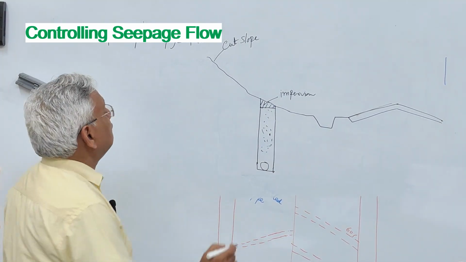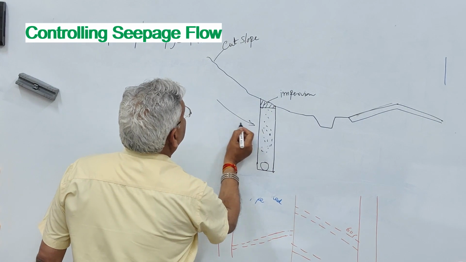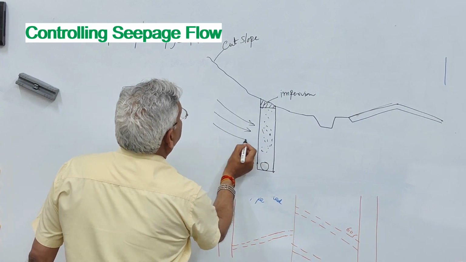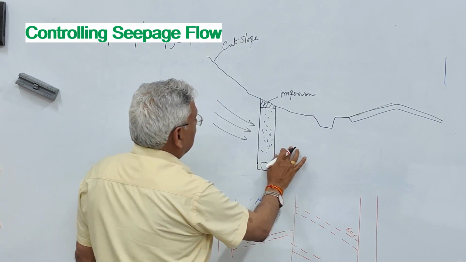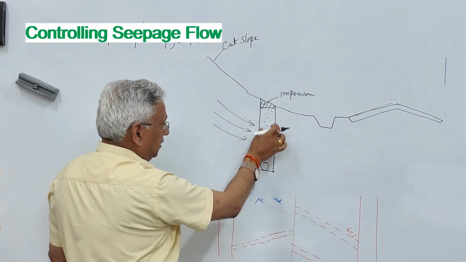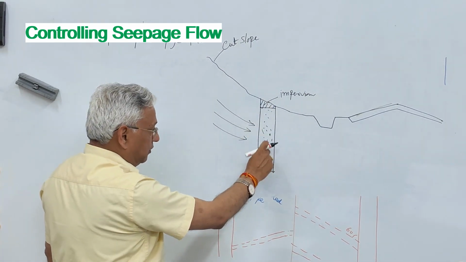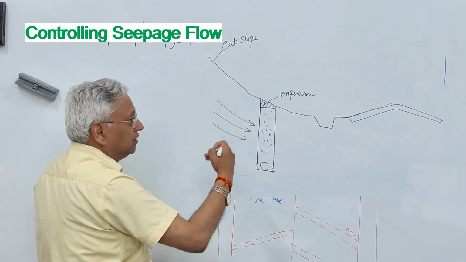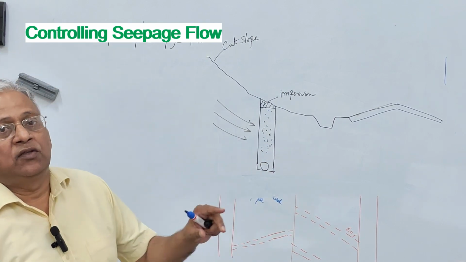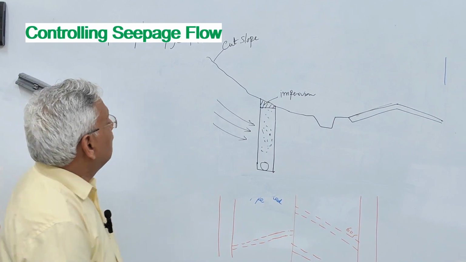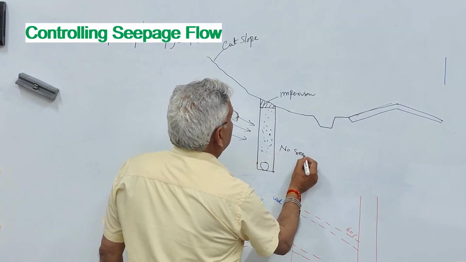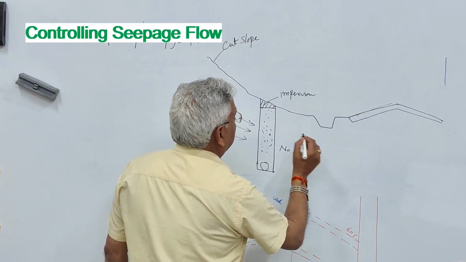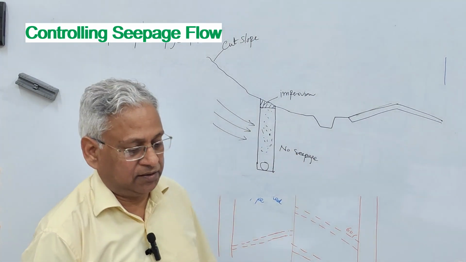The purpose is to control the seepage of water from this up slope towards the pavement. So all water will be captured by this filter material, and then it will be collected in the pipe, and this pipe will drain the water into a natural drain. So there will be seepage water here, there will be no seepage on this side. So the pavement is protected.